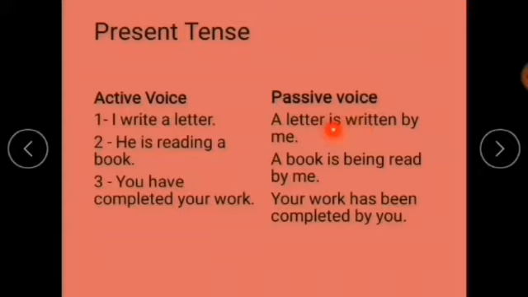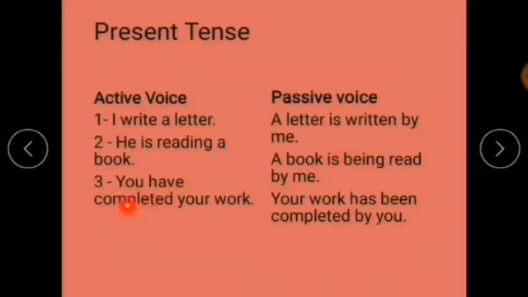When it is changed into passive voice: a letter is written by me. Present continuous: He is reading a book. A book is being read by him. In present continuous, passive auxiliary verbs are is, am, are, and being.